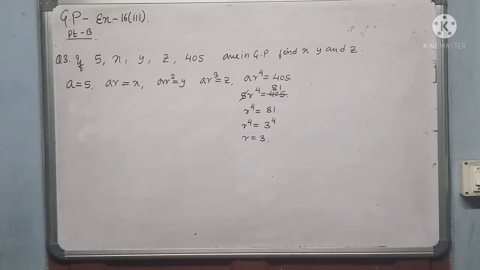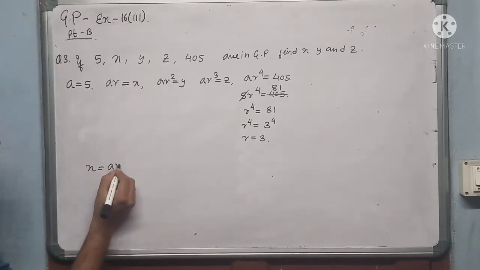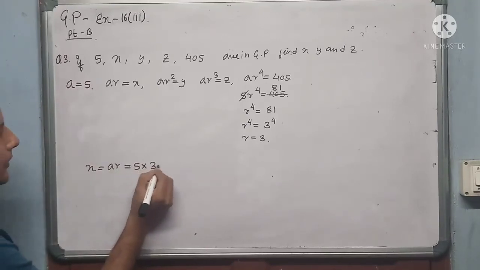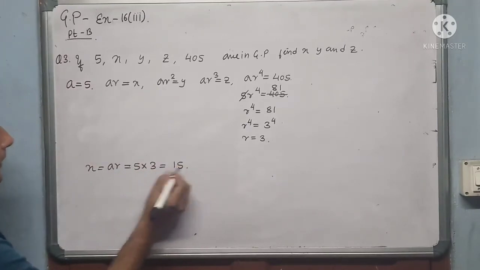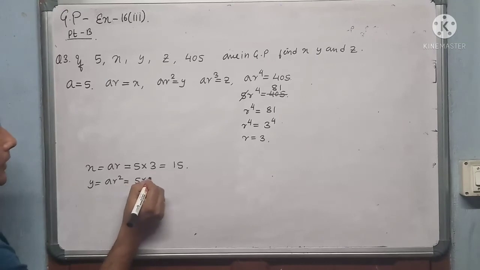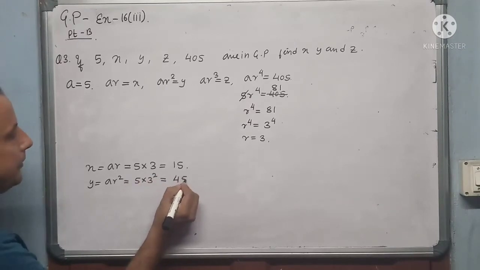Now after getting r equals 3, I'll calculate the value of x. x equals ar. The value of a is 5, r is 3, 5 3s are 15. Then y is equal to ar square. a is 5, r square means 3 square is 9, 9 into 5, 45.